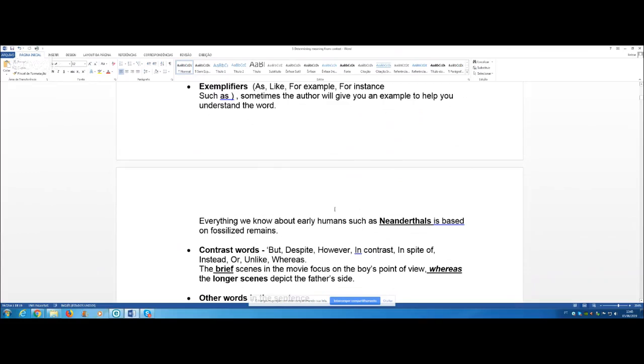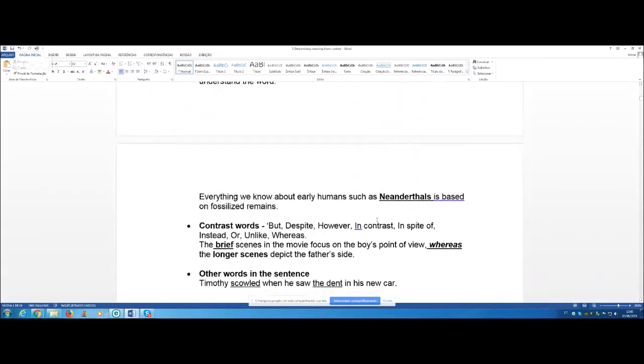So he exemplified it, and so you know what the meaning of the word Neanderthal is. Another technique will be contrast words: but, despite, well, however, in contrast. Because it's giving you the other side of the coin, so maybe if you can understand one side, then you can deduce the other, right?